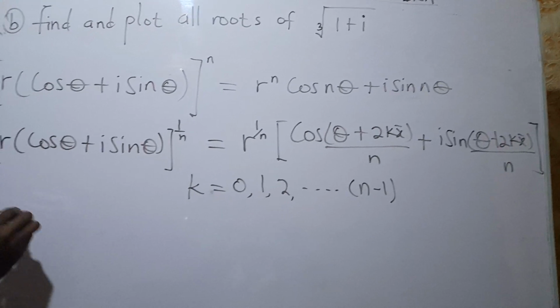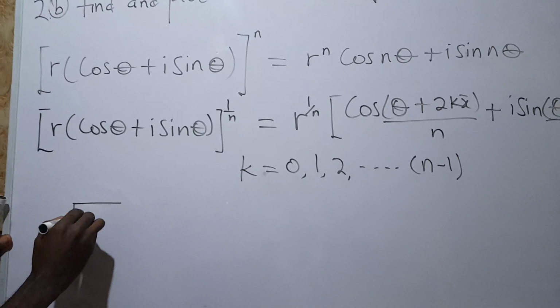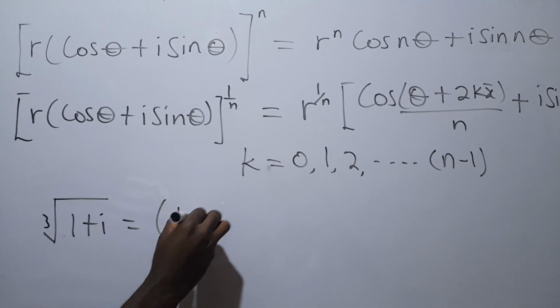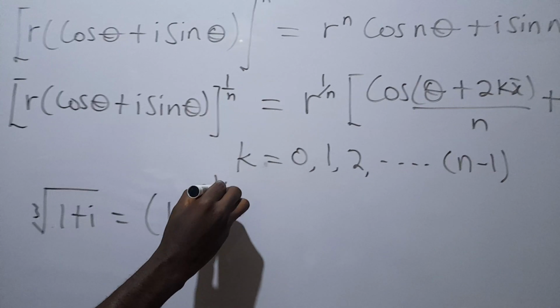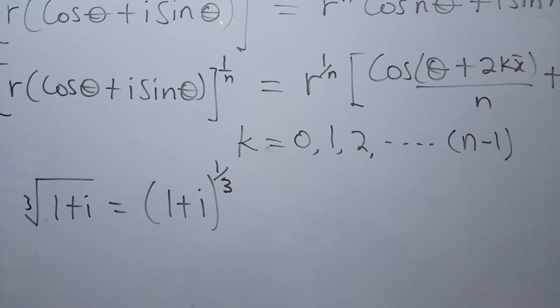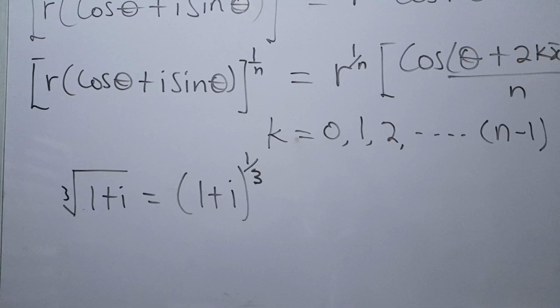So we can say the cubic root of 1 plus i is equal to (1 plus i) exponent 1/3, which is the fact. Now we need to express 1 plus i in its polar form.